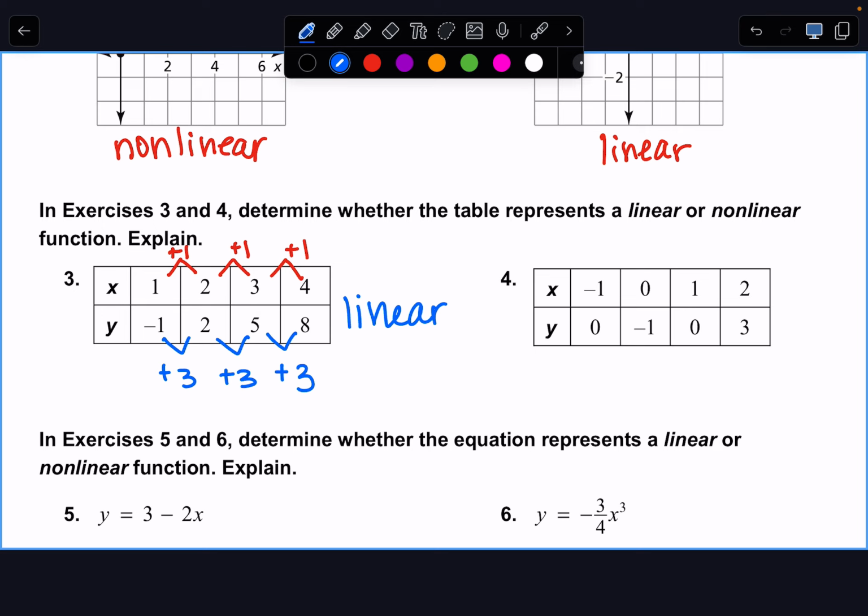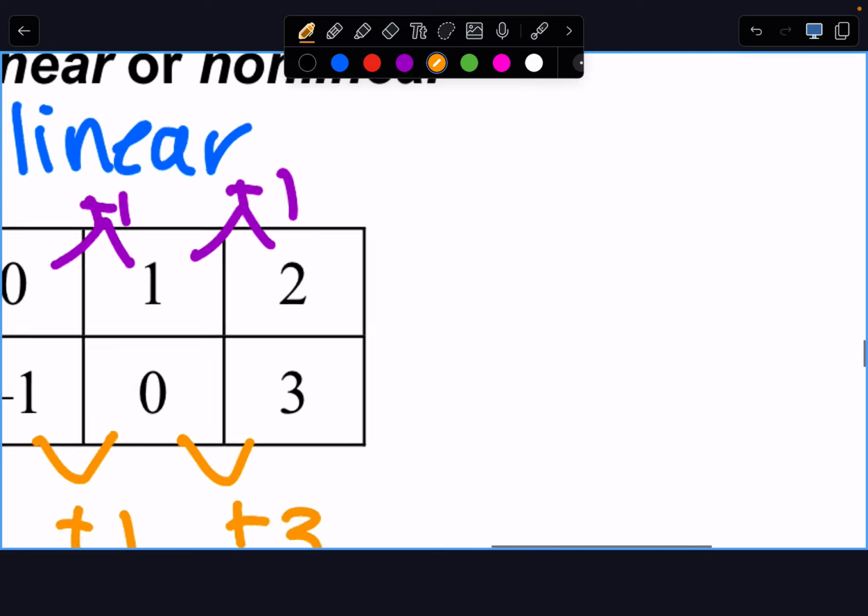Okay, is number 4 linear? No. Okay, so my x's are good, right? Yeah. But what about my y's? No. So I go down 1, up 3. That's not good.